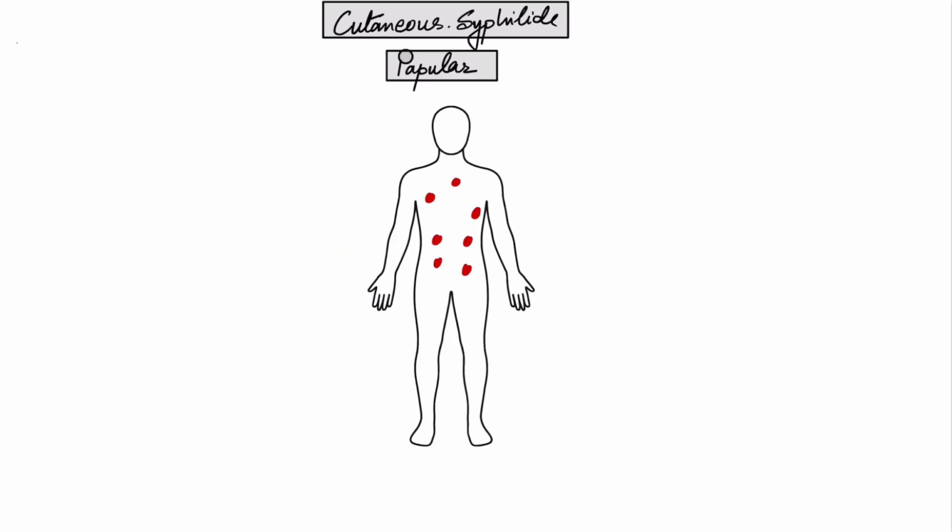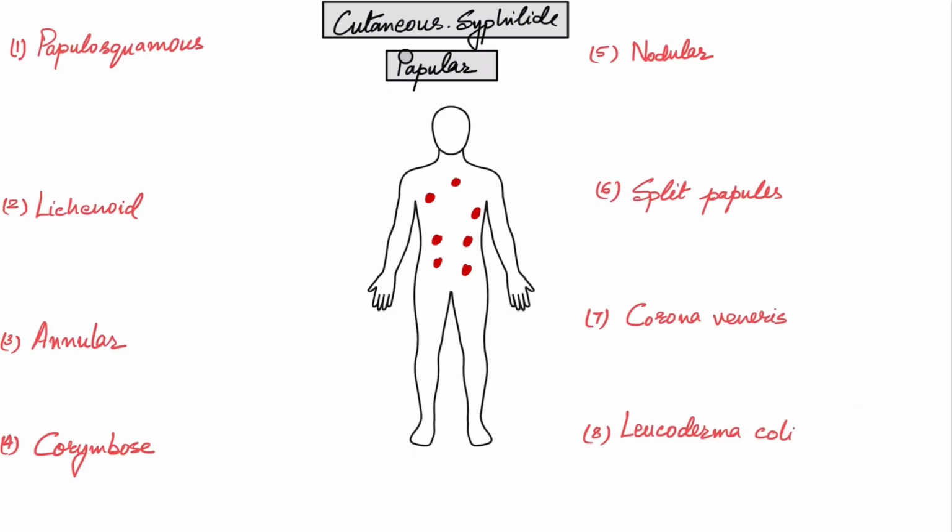Now moving on to the papular cutaneous syphilid. It is the most common and most characteristic rash of secondary syphilis. It is represented by discrete, round, dull red or coppery papules, very often scaly and indurated. It has a polymorphous presentation, but very characteristic is the collarette of scales that overhangs the border of the papules and plaques.